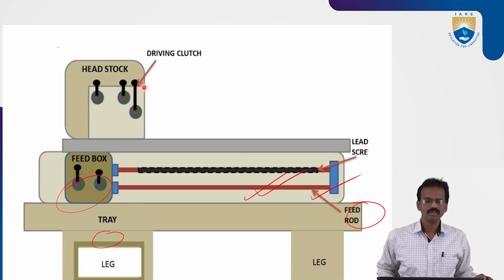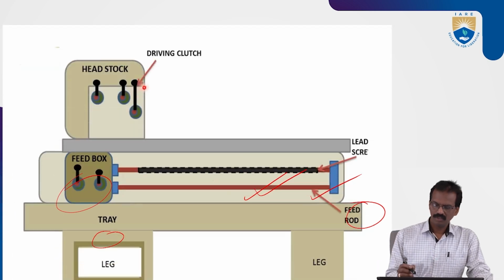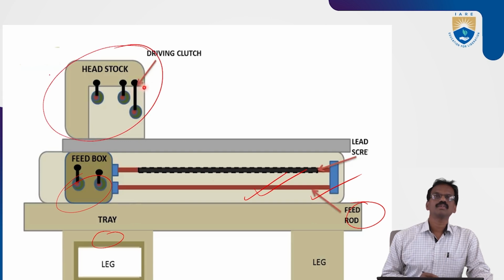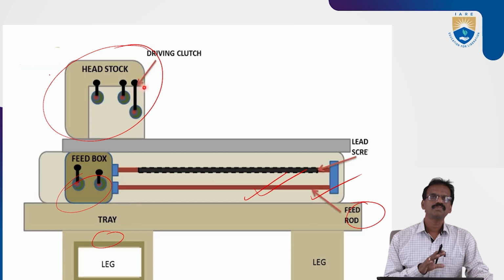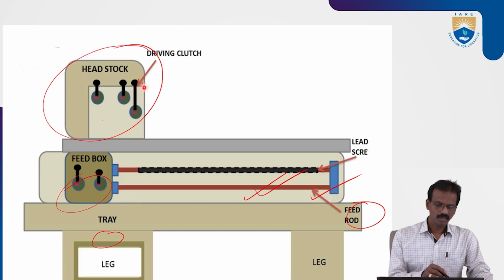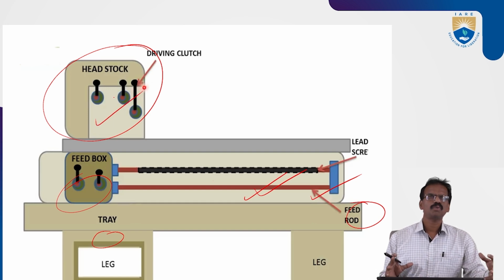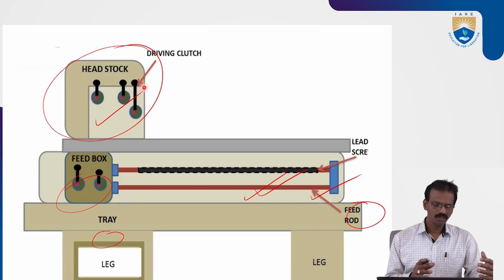Okay, so on these guideways, on the left side, there is the headstock. It is fixed on the left side of the bed, so it can't move. In this headstock, all the power system and gearing systems are placed.